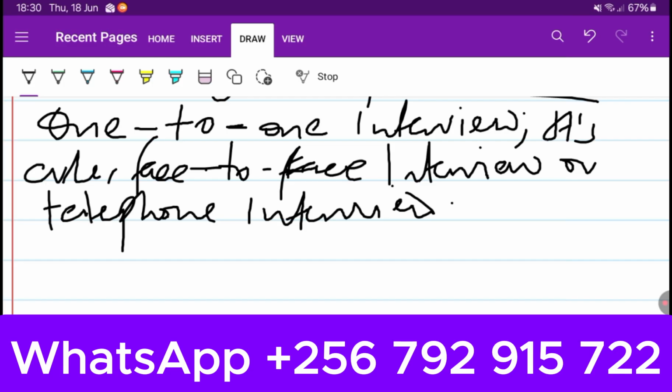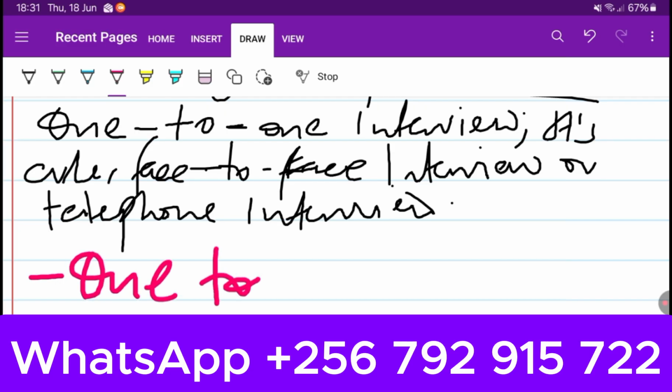Or we can be meeting physically, maybe through video conferencing like Zoom, WhatsApp chats, and all that. Or we can be on phone. The second type is the one-to-many interview.